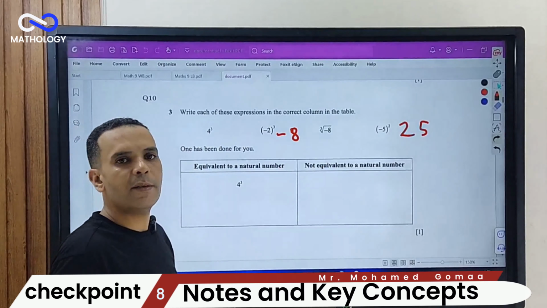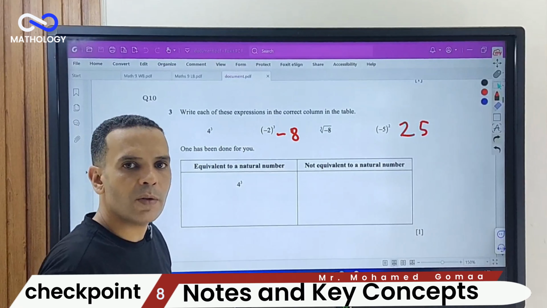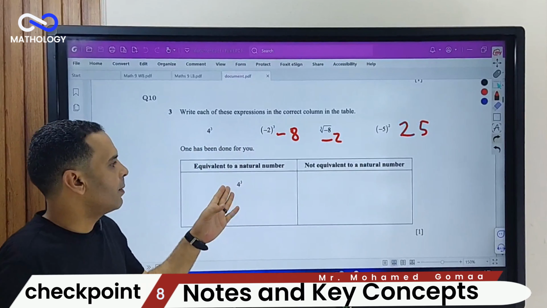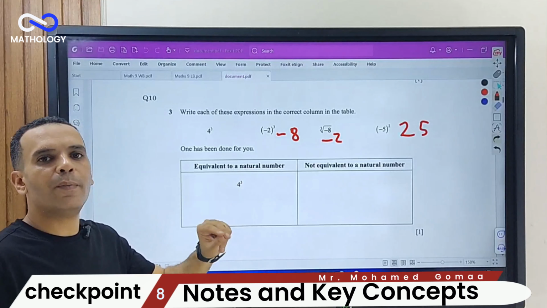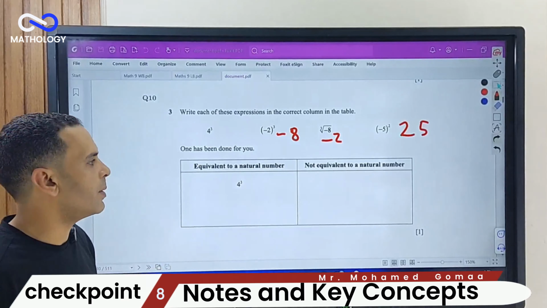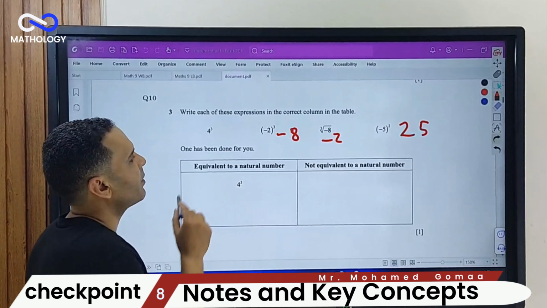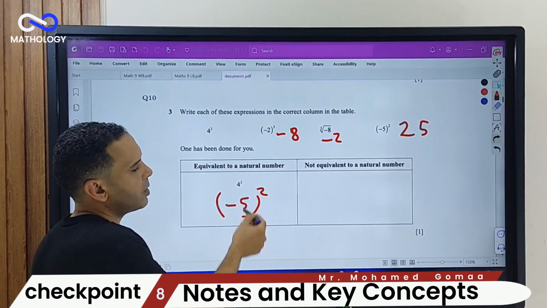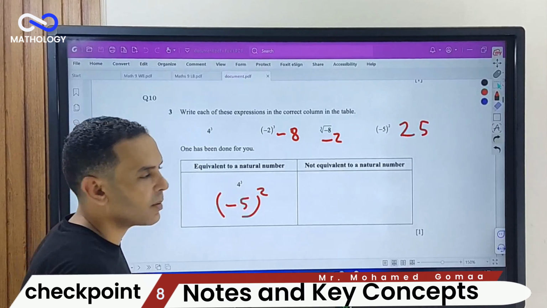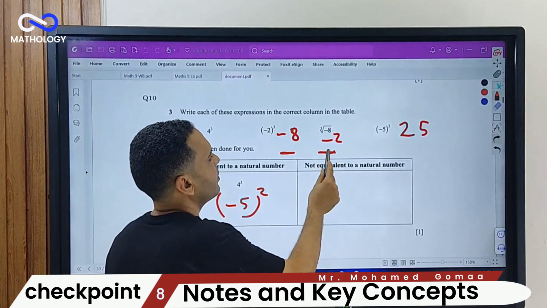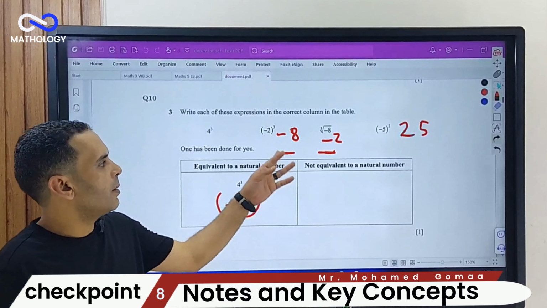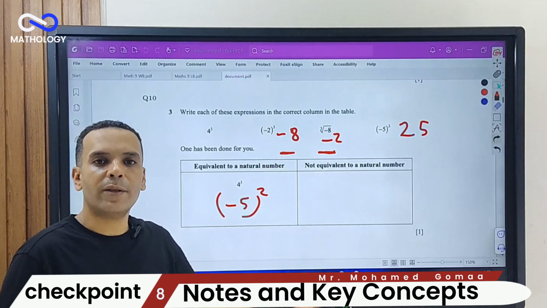The cube root of a negative number would be a negative number. The cube root of negative 8 equals negative 2. A natural number must be positive, like 4 power 3 and negative 5 power 2. Natural, because it's positive. What about the negative numbers? It's not natural, but this number and this number are integers.